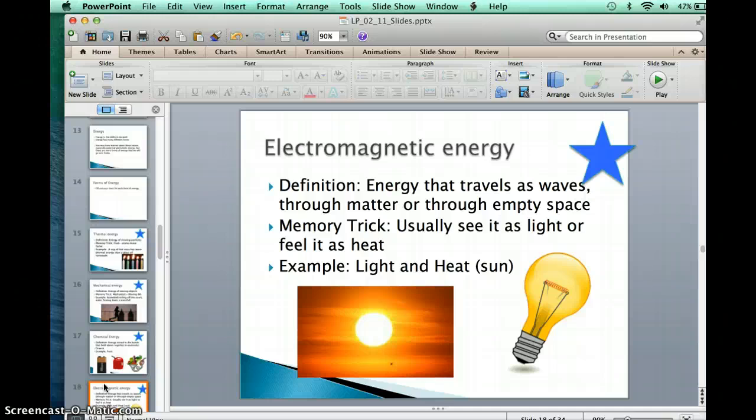So I just remember it because we usually see it as light or heat. So you could see some examples here, just the light waves from the sun, or the heat waves from the sun, or the light waves coming from a bulb. Okay, that's a type of electromagnetic energy.